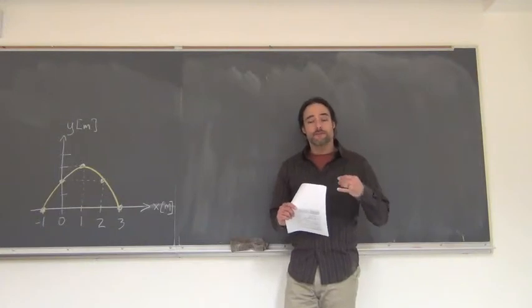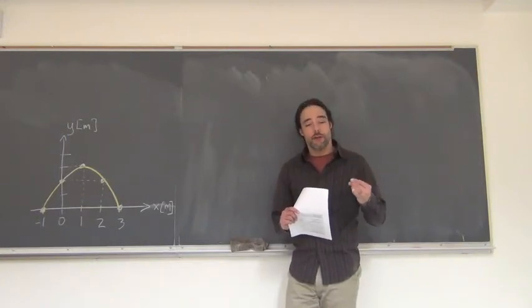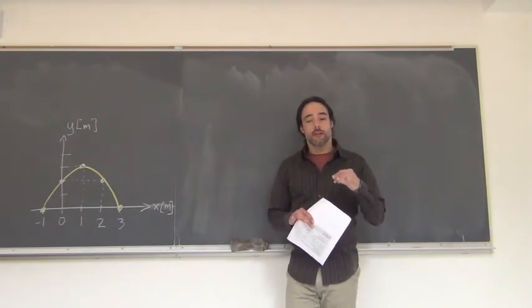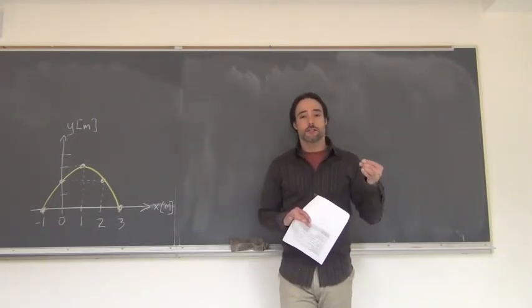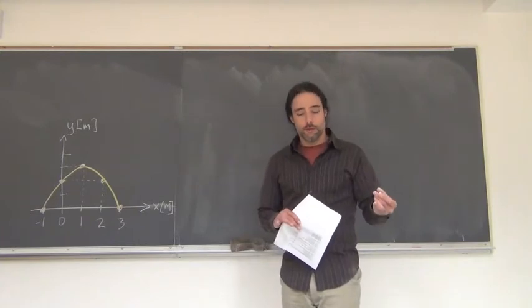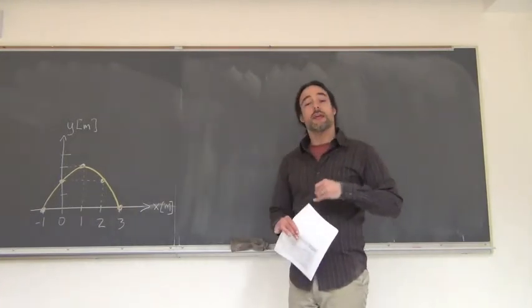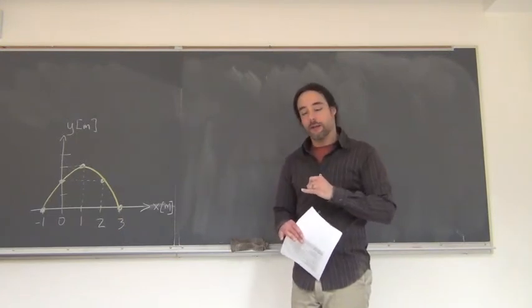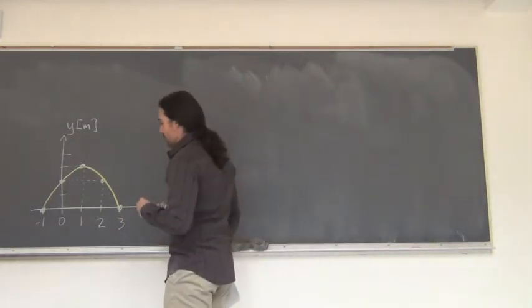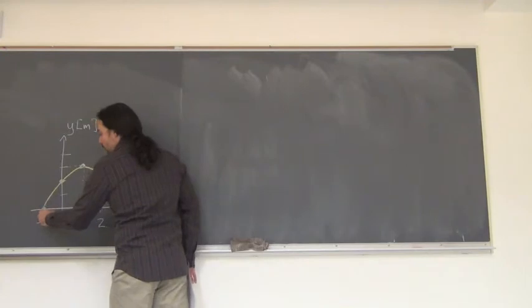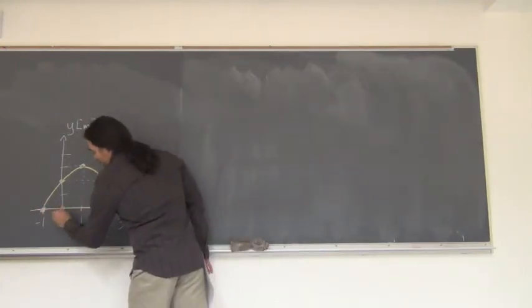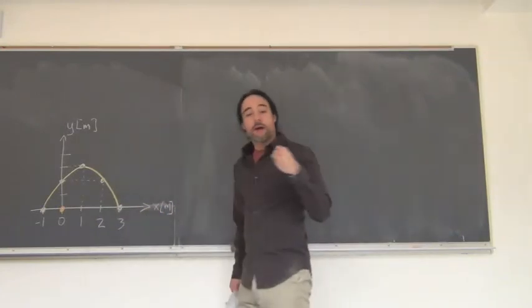Suppose I want to specify the position of an object in 2 dimensions. Well, it turns out that's a little bit more complicated than specifying an object's position if it's only in 1 dimension. The reason being is that I have to specify 2 coordinates, both the x-coordinate and the y-coordinate. So for example, if I'm looking at where we are from our original data, time 0, here's the origin of my coordinate axes.